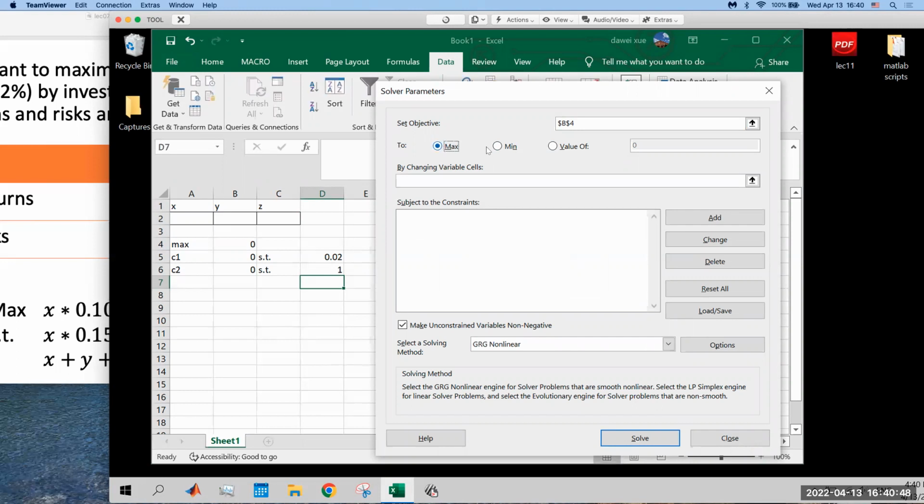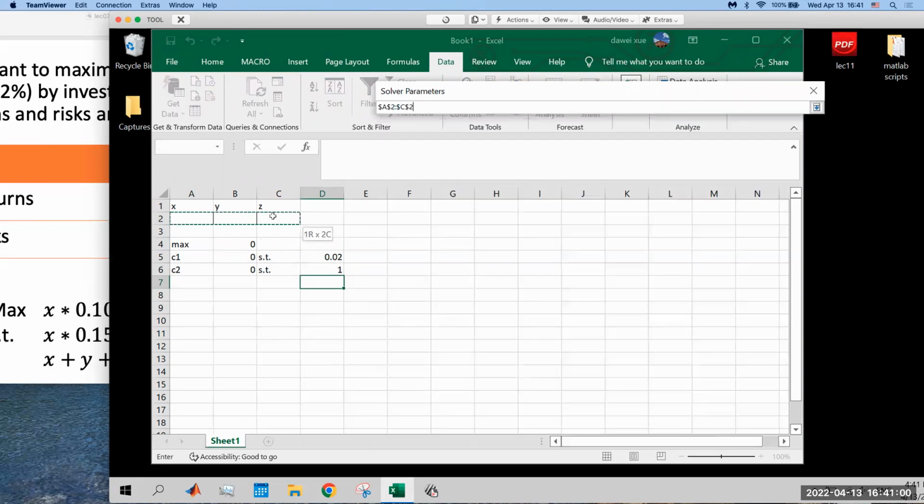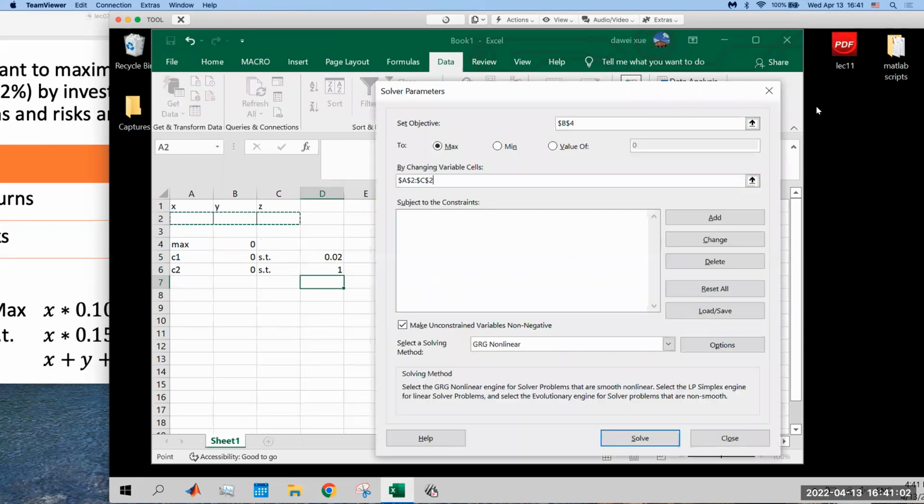In some cases, you may want to minimize cost, then you click on Min. But in this example, we want to max the return. By changing variable cells, all the 3 agent cells, A2 to C2. And we do have certain constraints.